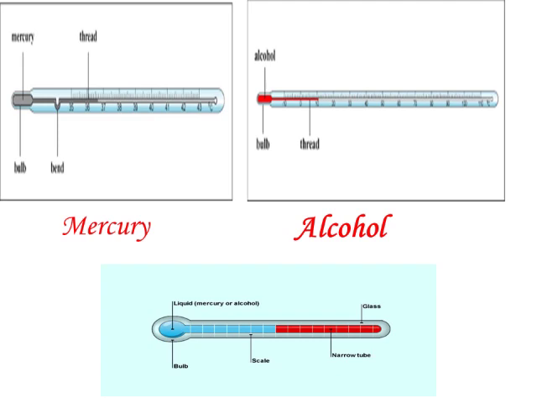On the other hand, the drawback of using alcohol in a thermometer is that its boiling point is very low, making it unsuitable to measure very high temperature. That is, temperatures above 78 degrees Celsius cannot be measured. Now next we will check about the capillary tube.